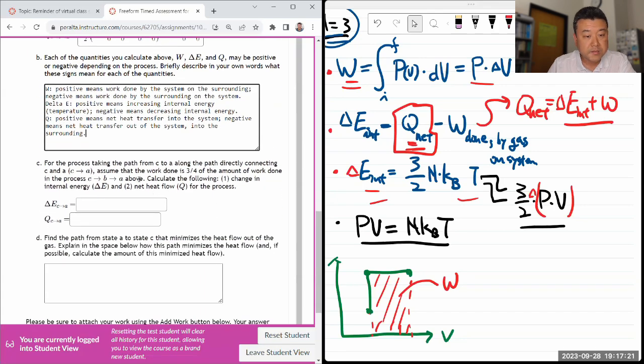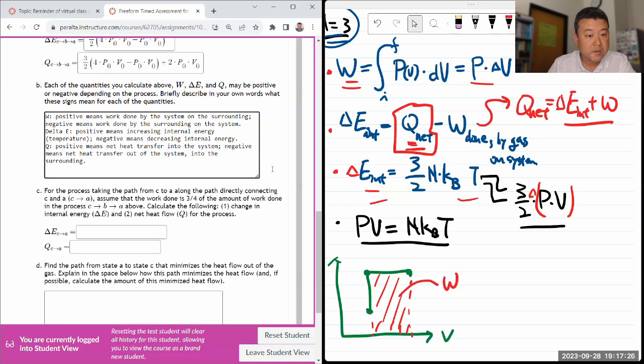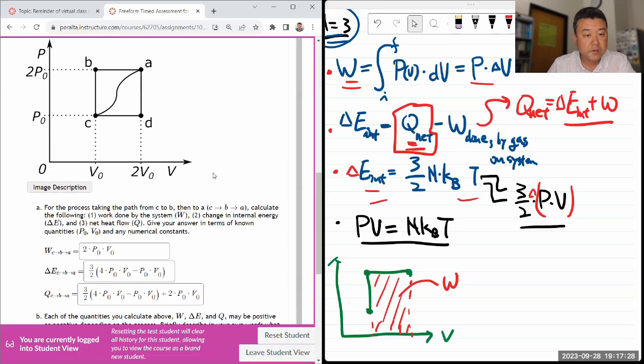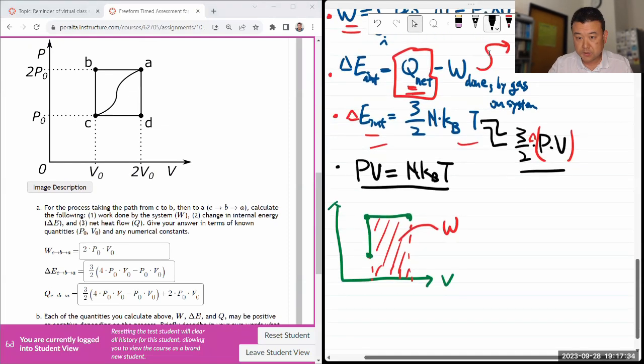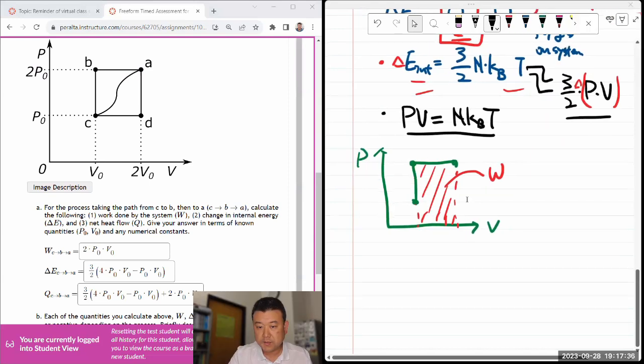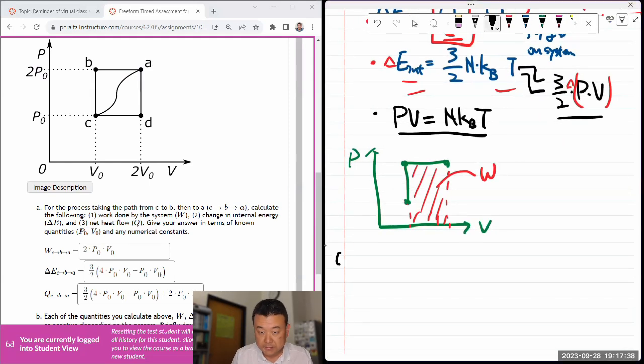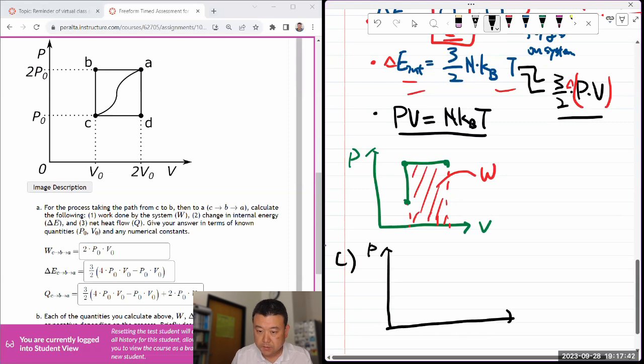And for the process, taking the path from C to A. Let me copy that over so I don't have to keep scrolling up and down. So I'm working on C to A in the PV diagram, with these vertices.